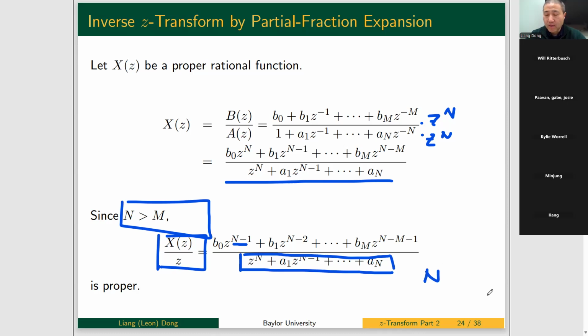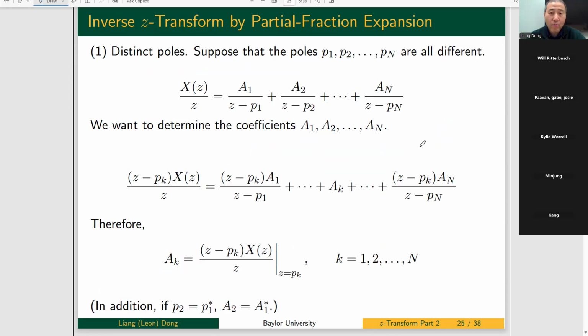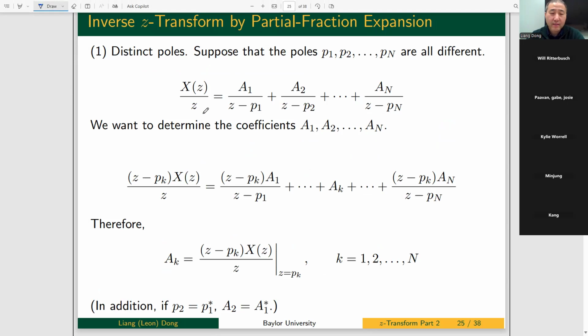So suppose all these n poles are different. We call that n distinct poles. Then I can always decompose this proper rational function into these elements adding together. Each one of those is a proper rational function, because the entire thing is proper.